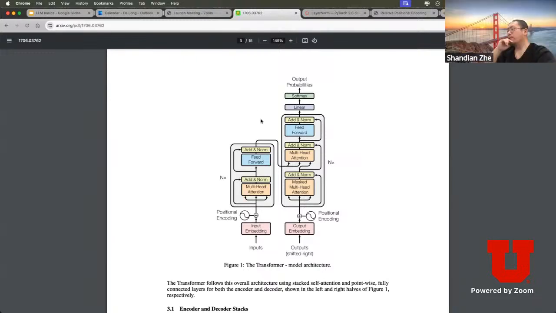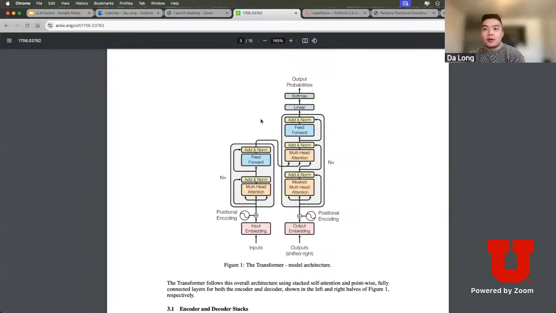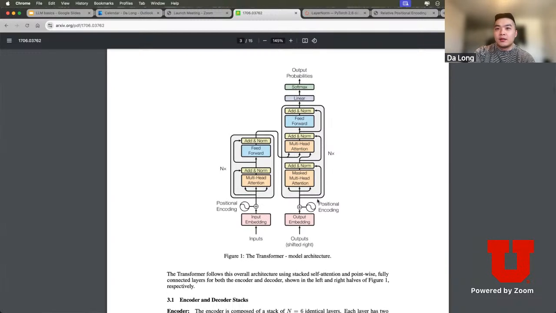So how do they apply the mask during training? For example, if you have 10 tokens of output, you have to predict the 10 tokens one by one.